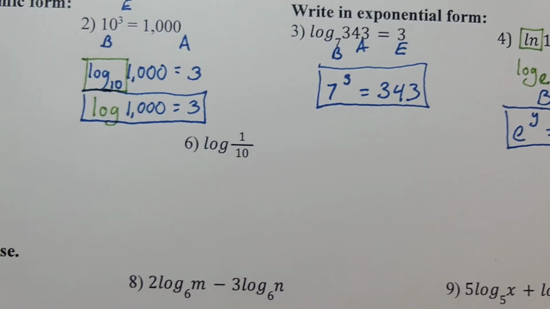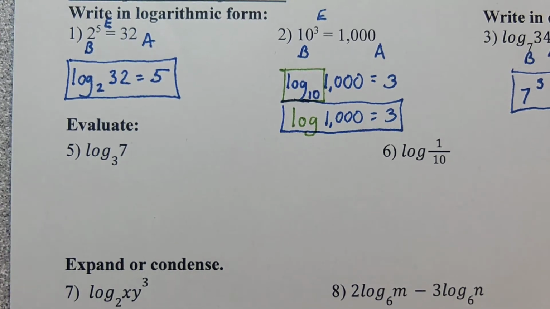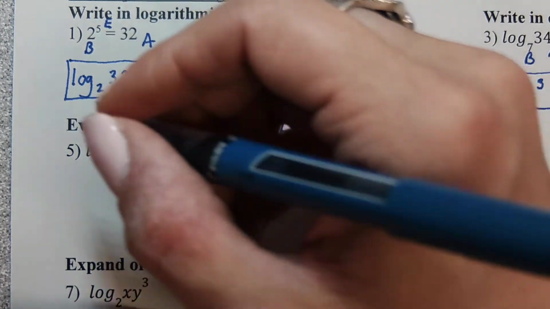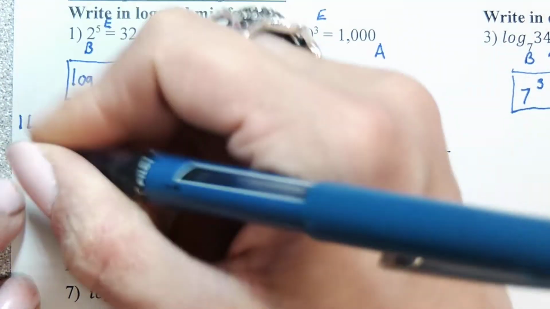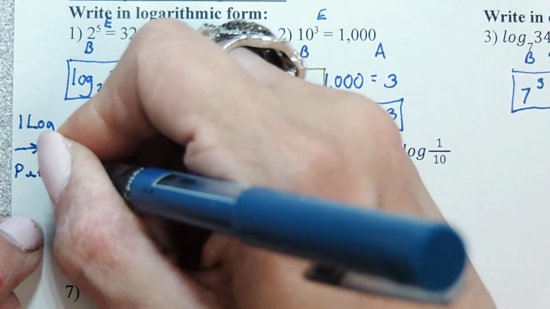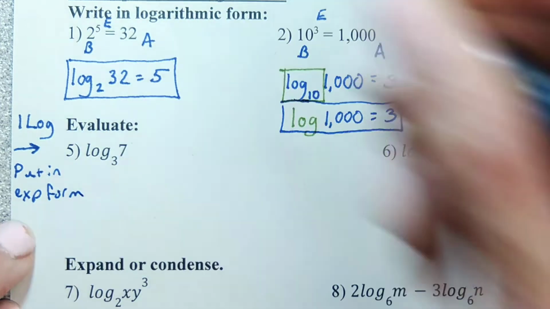Now, moving on to the next ones with evaluating. How do we evaluate a single log? And this is going to become important later on in the unit once we start solving. To evaluate one log or to solve a one log equation, you always put it in exponential form.